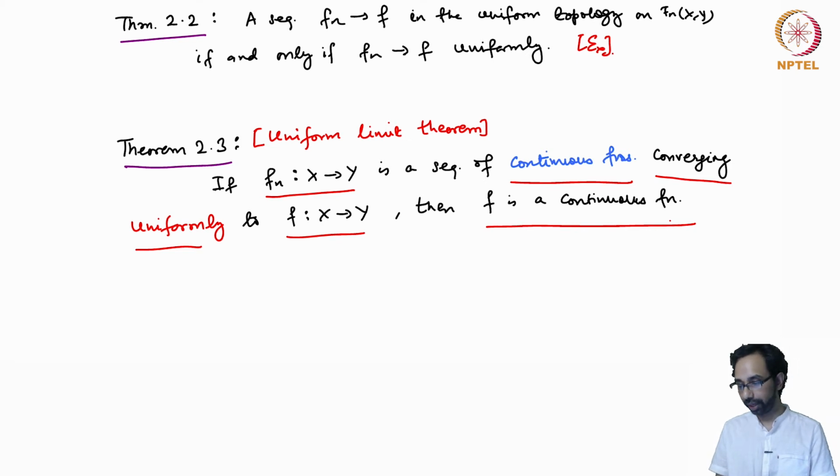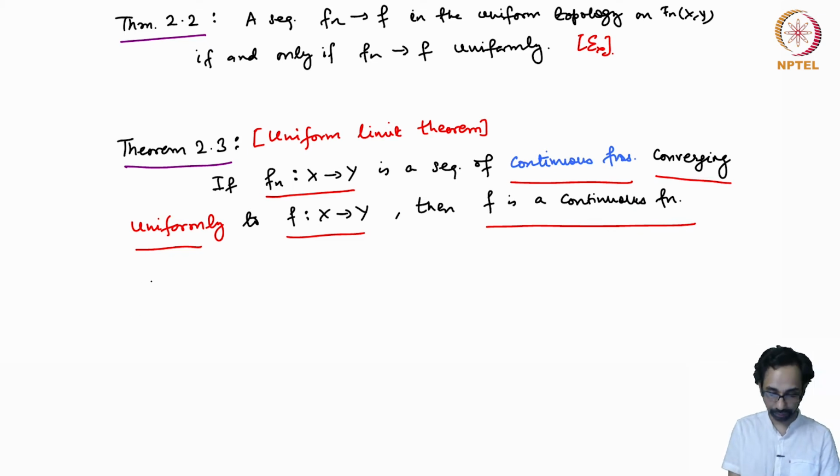In general we don't know whether the limit of a sequence of continuous functions within the set of all functions is continuous or not, but this statement guarantees that when you have a uniform convergence, then the limit of the sequence, which is a function from X to Y, is a continuous function.